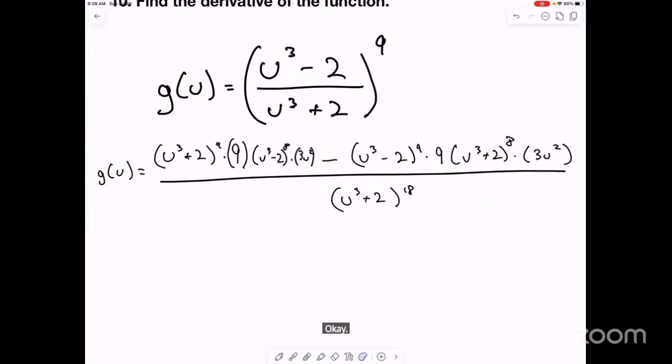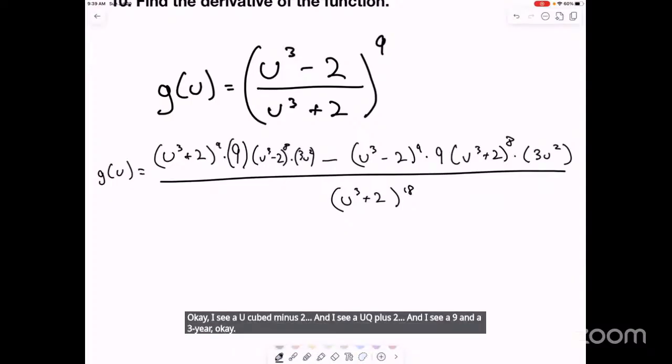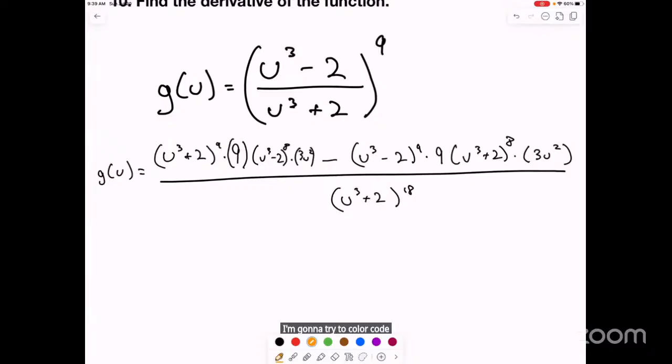Okay, do we have like factors or like terms that we can factor out? I see a u cubed minus 2, and I see a u cubed plus 2, and I see a 9 and a 3u squared. I'm going to try to color code this. They both have a 9, right? So let's just factor out that 9.